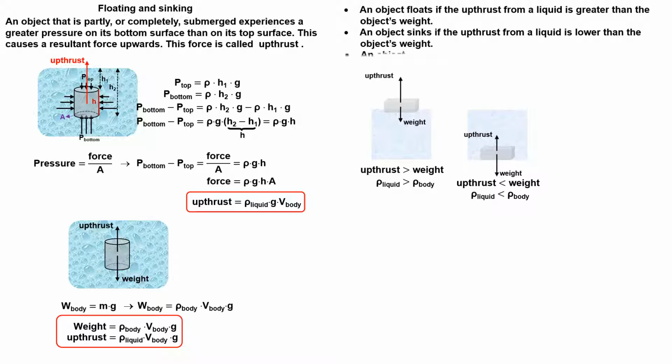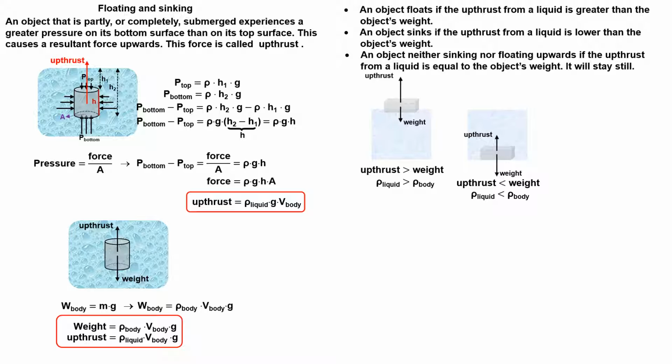An object neither sinking nor floating upwards if the upthrust from a liquid is equal to the object's weight. It will stay still. If the object has a density equal to the liquid, the object is fully submerged and it stays still.